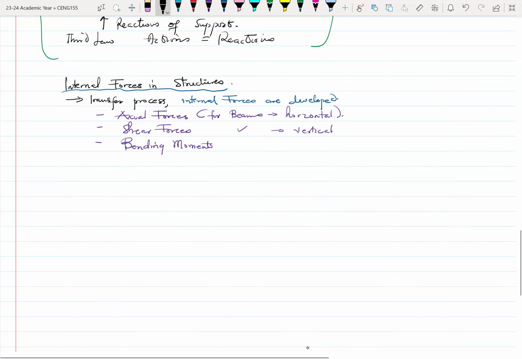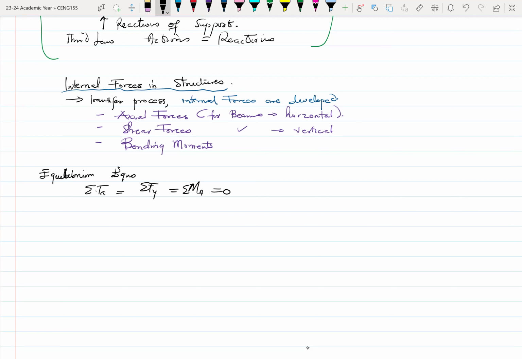So when we're looking at equilibrium, when we study equilibrium with equations, we said that when we are summing forces, whether horizontal or vertical, or the moment about a point, it should be equal to zero, right?